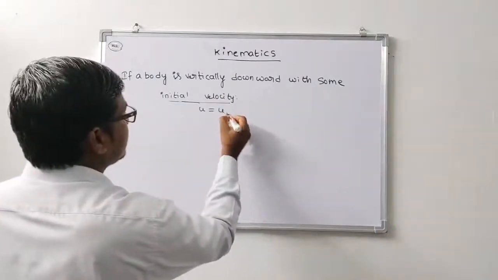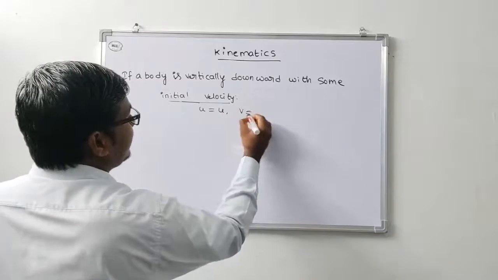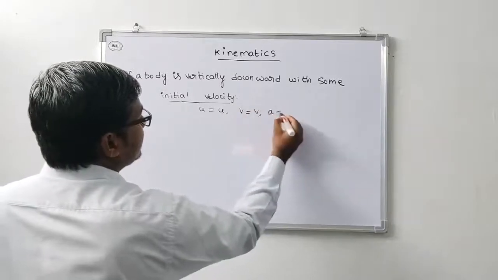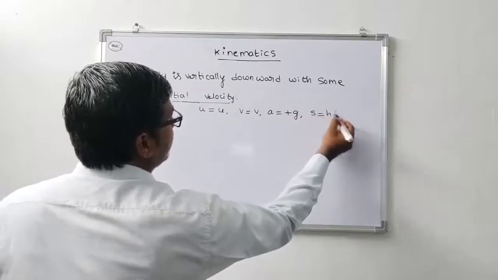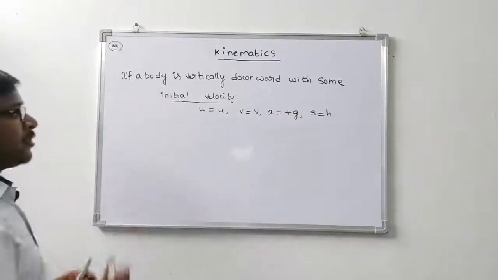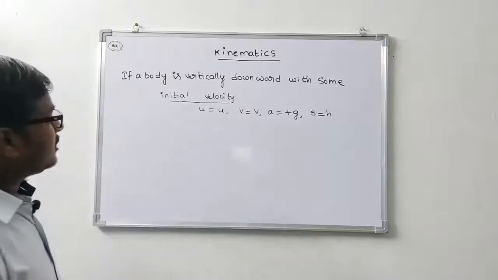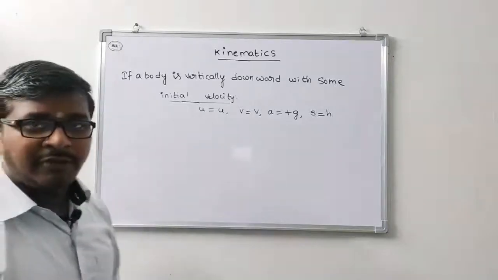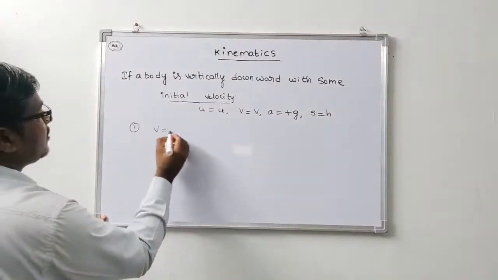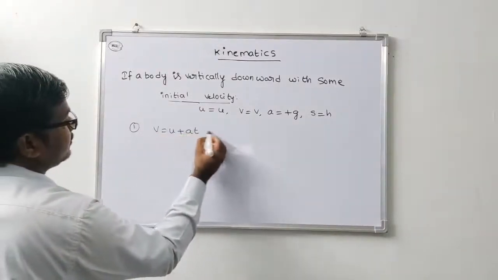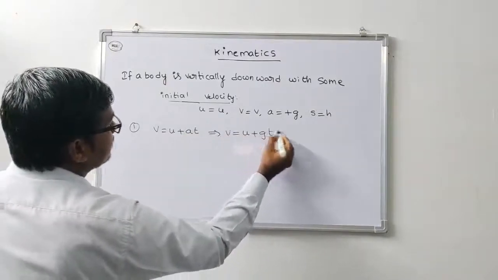The conditions are: initial velocity u is equal to u, v is equal to v, a is equal to plus g, and s is equal to h. These four parameters are substituted in the four kinematic equations. The first one, v is equal to u plus at, gives v is equal to u plus gt.